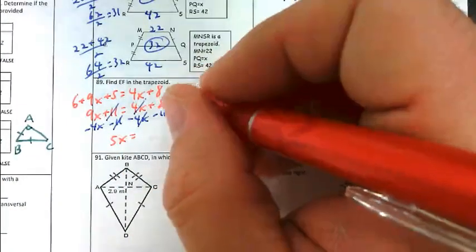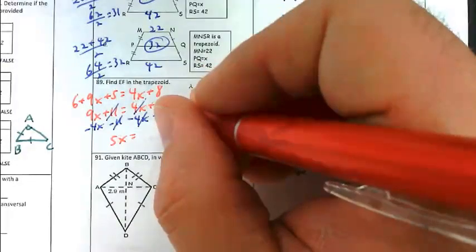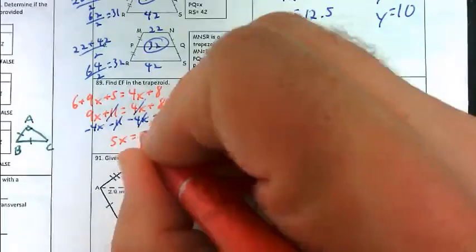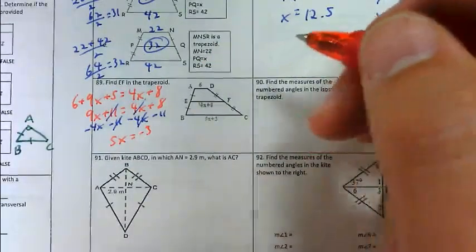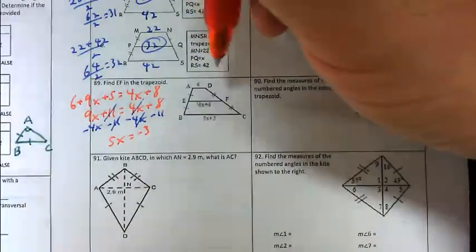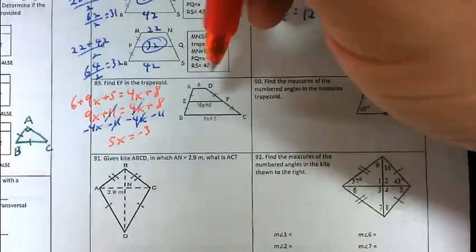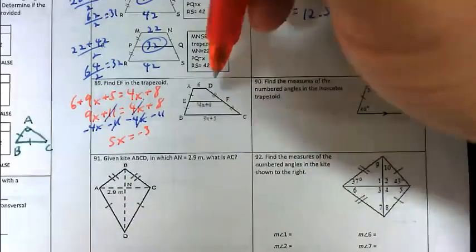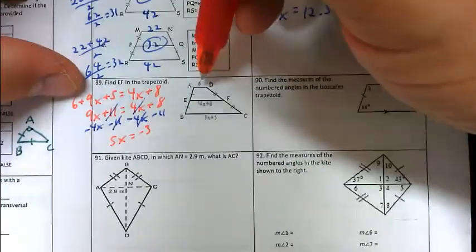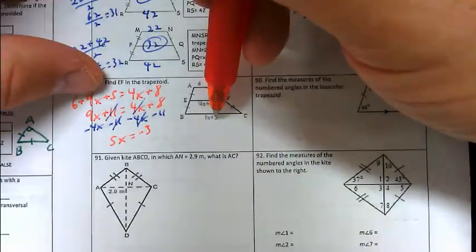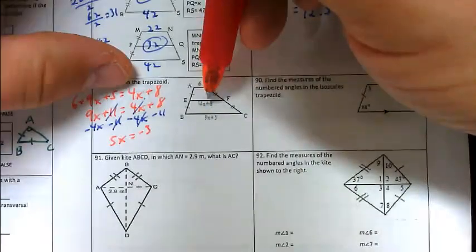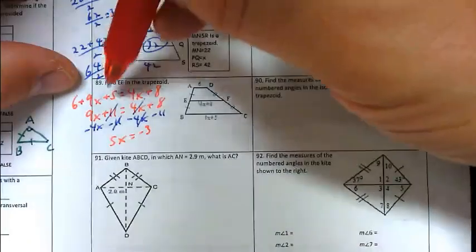Did I do something wrong? No, I'm getting negative 3. Let's double check these values here. Something seems off to me. We had 6 is equal to 9x plus 5 equal to 4x plus 8. I brought 4 across by subtracting it, gives us 5x.